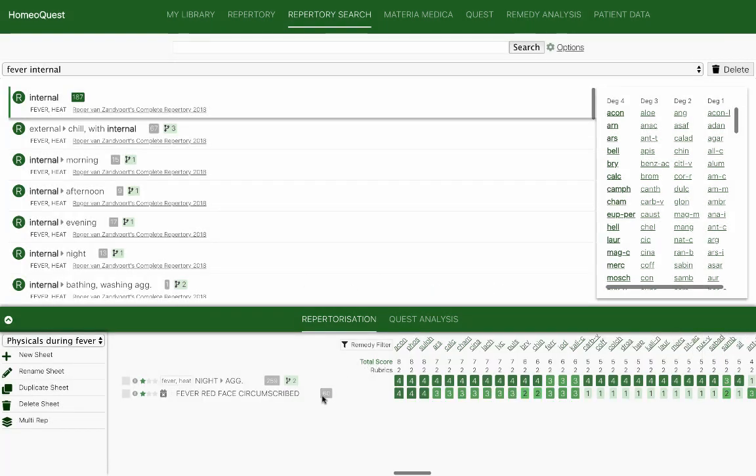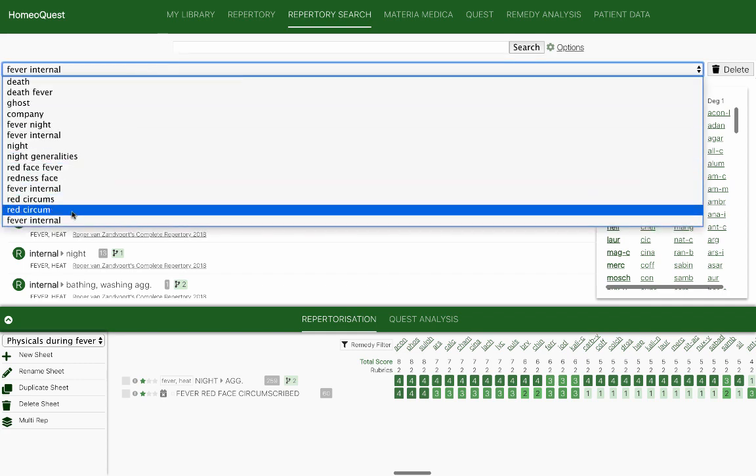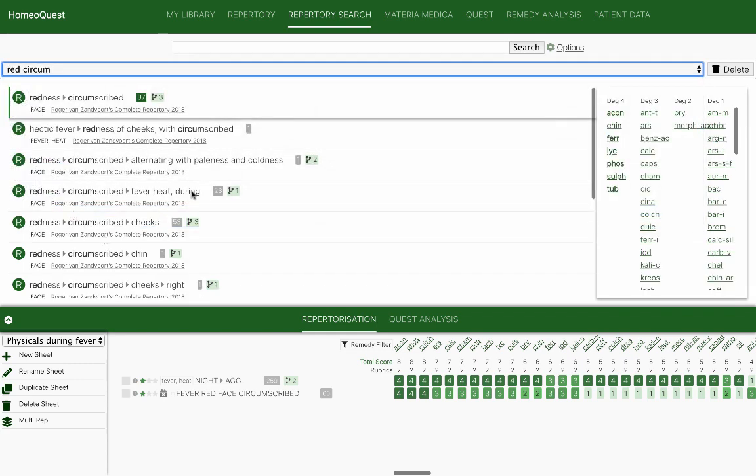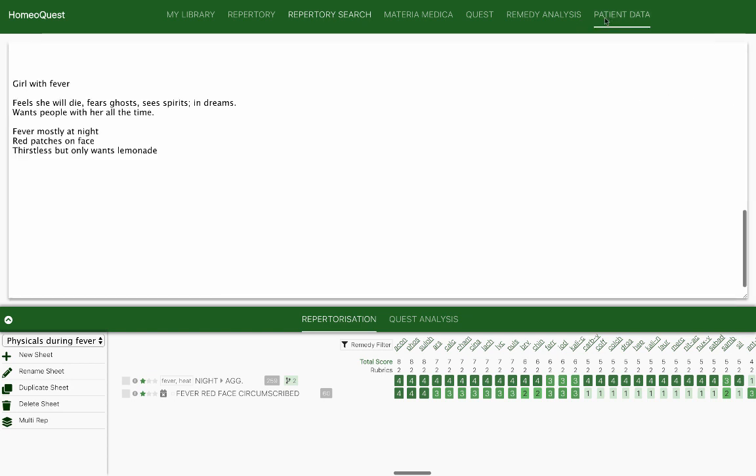And now we get a bigger rubric, which is 60, which is great because we just had 23 remedies before when we tried to take just the rubric red circumscribed fever during. Can you see? This is only 23, whereas we are getting 60 here. So this is the beauty of crossing, where you can create a much better quality rubric.